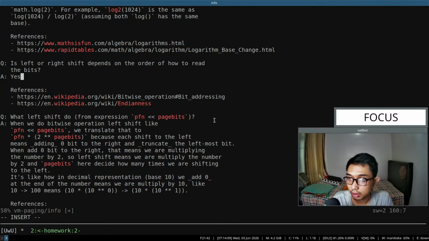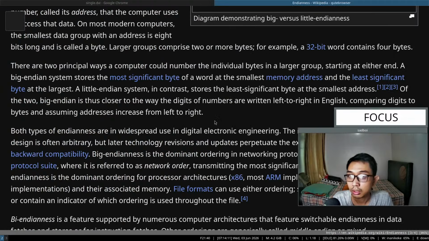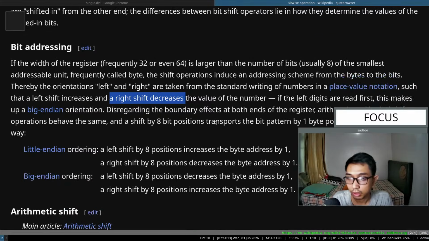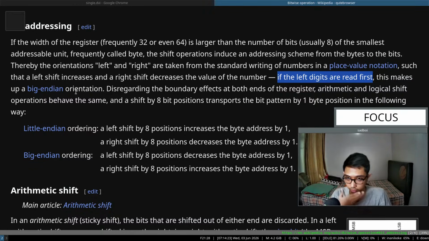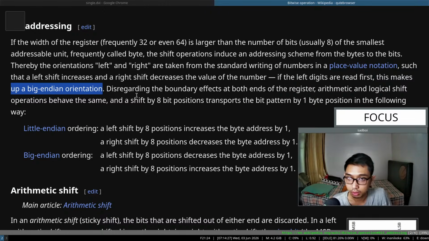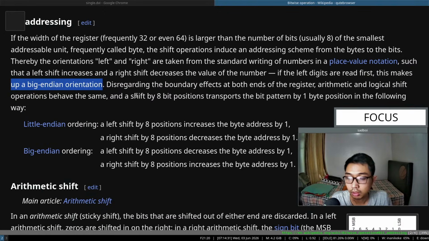Yes. Wait a minute. At least from this one, it looks like that is the case. If the left digits are read first, this makes up a big endian operator.